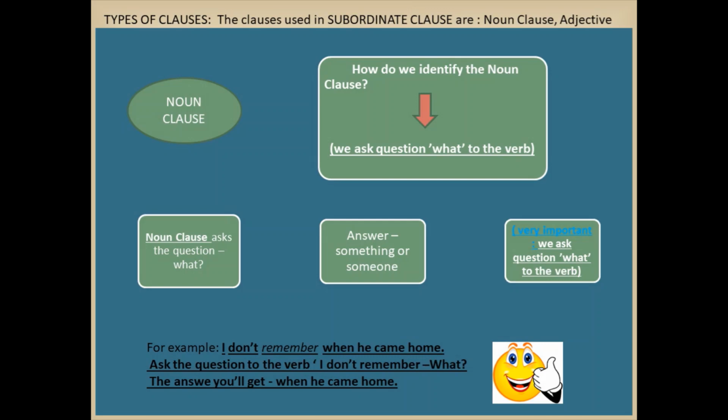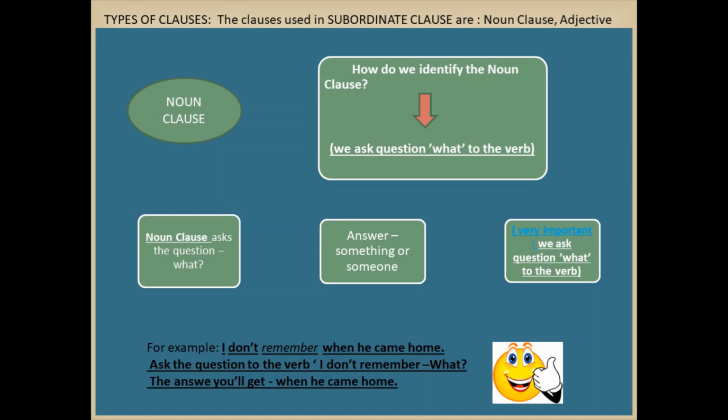Okay, let's see. How do we identify the noun clause? We ask the question what to the verb. This is the reason why I did phrases first with you children, because it is just similar to that of phrases. The hints that we took for the noun phrase, we would use the same for the noun clause.